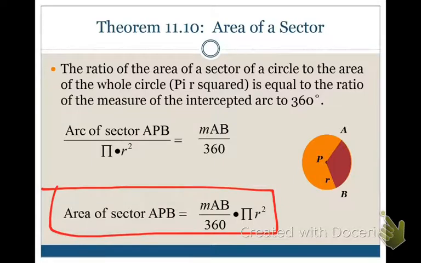Area of the sector equals the measure of the arc over 360 times pi r squared. Let's see how it looks in an example.